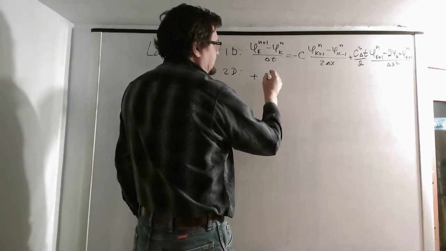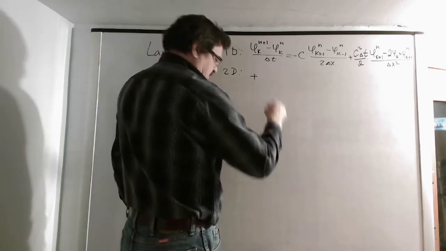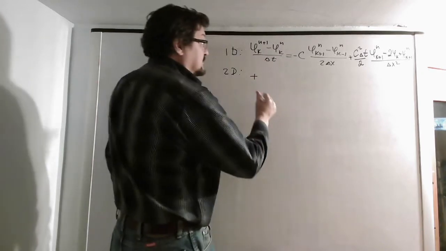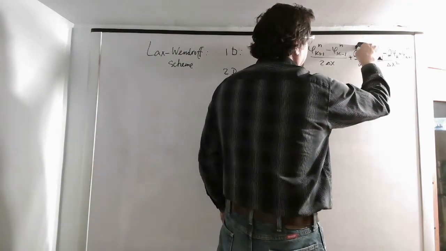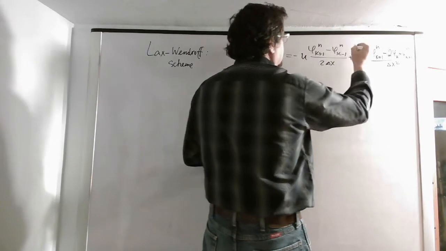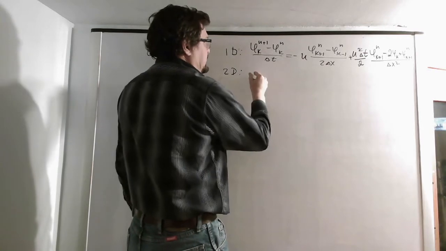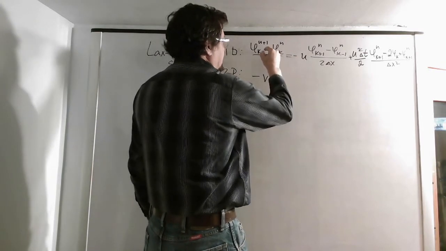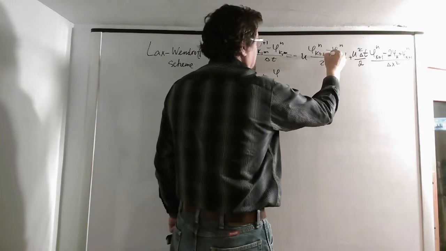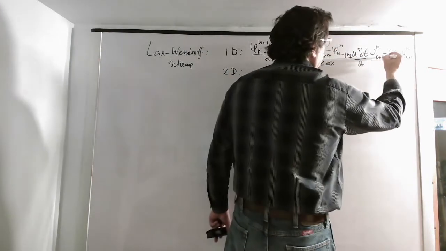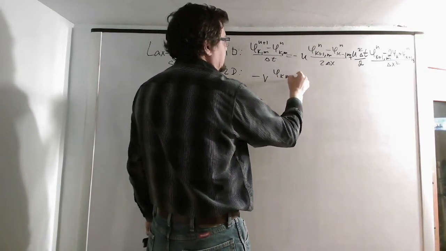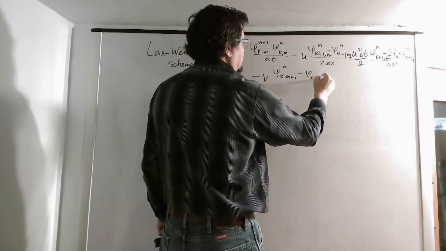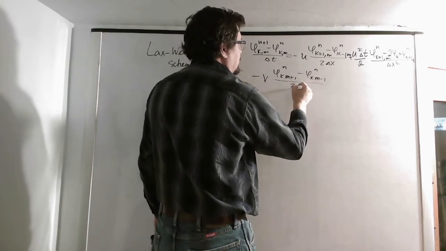Instead of c it's going to be u squared, and then for 2D you add v, and here you have phi k n plus 1 n minus phi k n minus 1 n divided by 2 delta y.